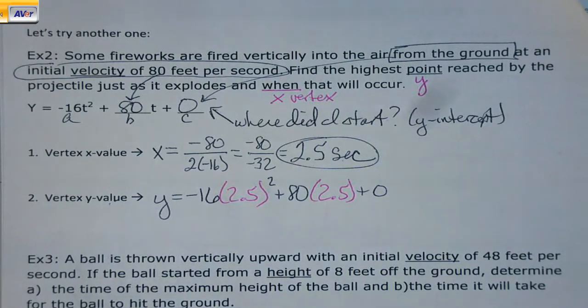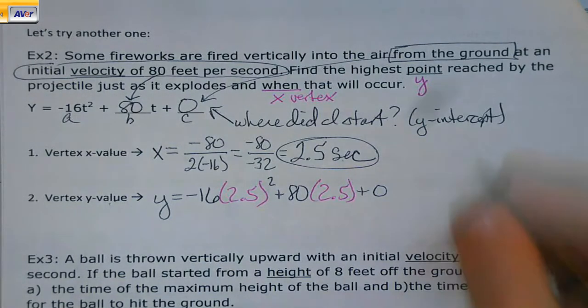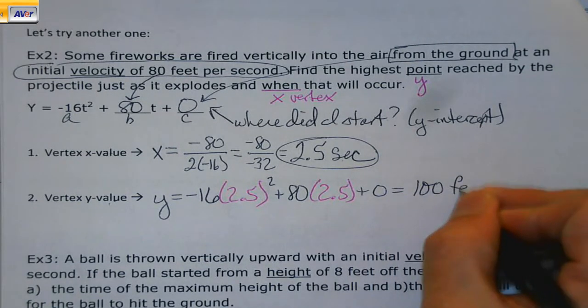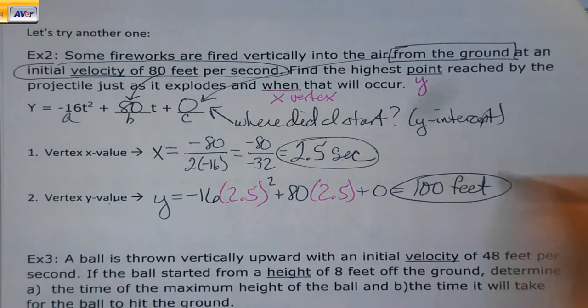I don't have to do anything cute. And I believe, nobody told me I did this wrong earlier, so hopefully somebody was watching over me there. So at 2.5 seconds, this firework's going to be 100 feet up when it hits its maximum.